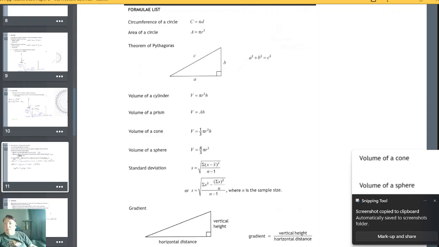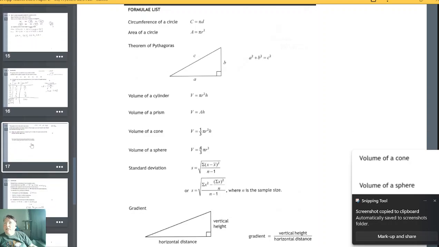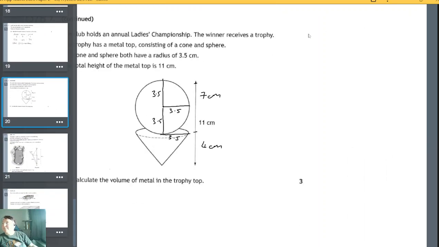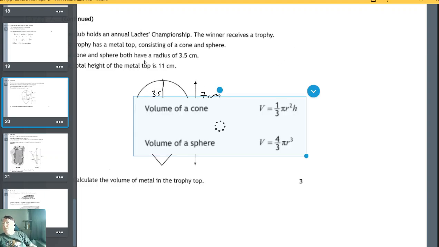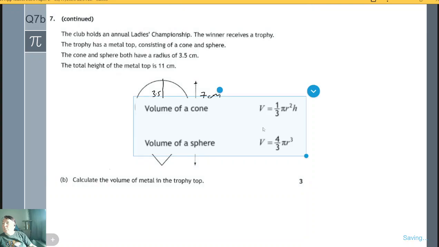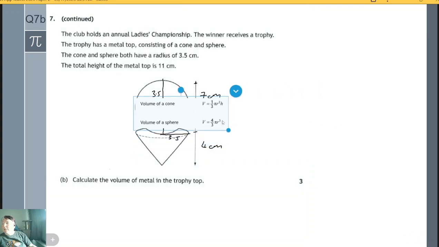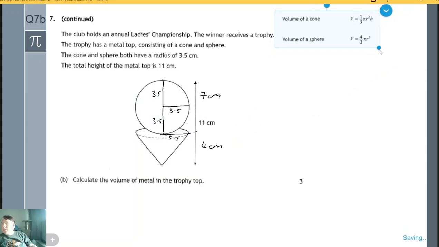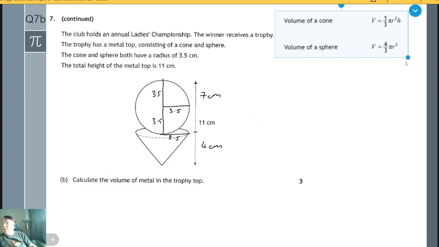Okay, and we were way down here. This is the one we're on. Okay. Oh, there we go. So we need to work out both. We know our radius is 3.5, and we know our heights.